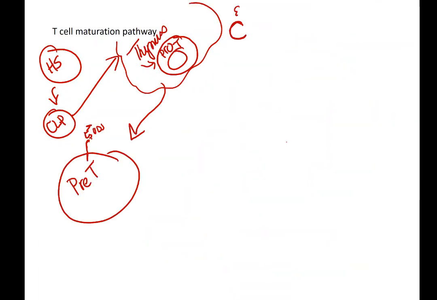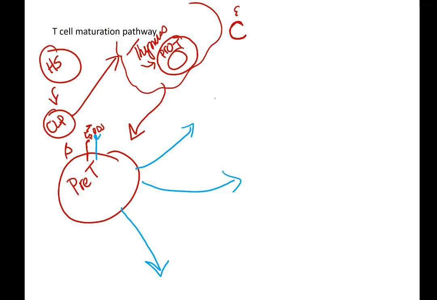The pre-T cell has the beta chain made. We're going to test that with a pseudo alpha chain. Again, with the pseudo alpha chain, we know it'll always send a signal. Did that rearrangement of that beta chain work? If it did, then we're going to progress to become a what?